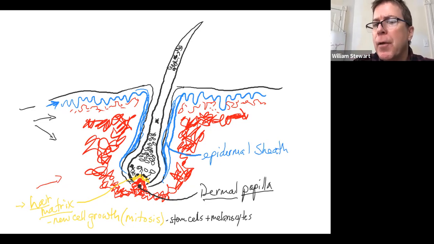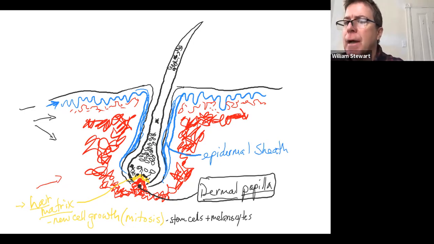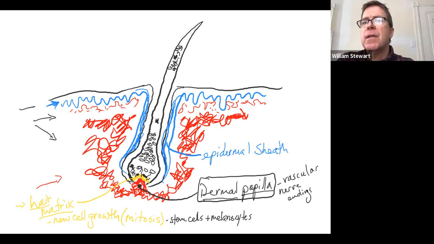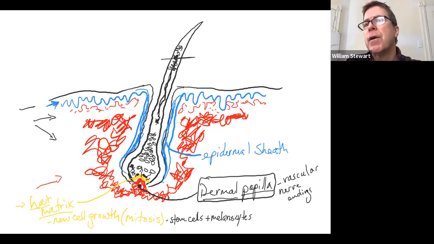In this dermal papilla region, we have a blood supply, so it's vascular. You know that because it's reticular dermis. And there are nerve endings. The cells in this area up here are dead, and there are no nerve endings. That's why it doesn't hurt at all when we cut our hair.